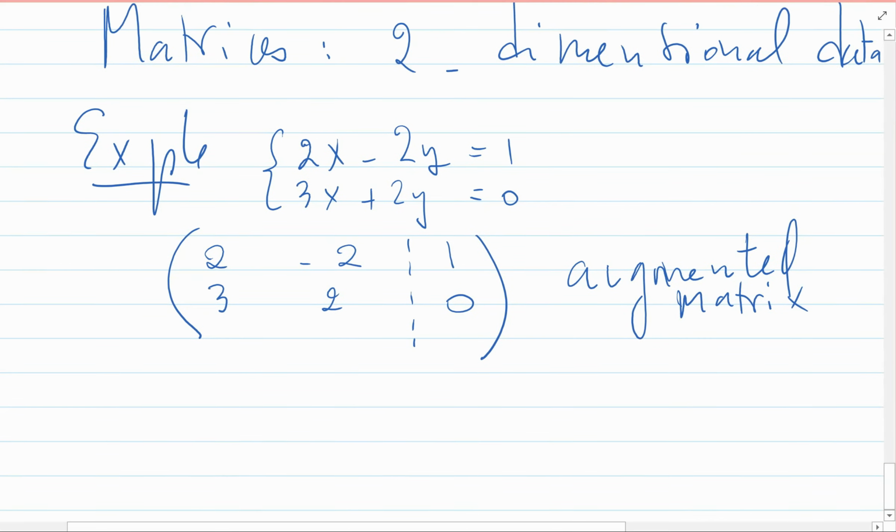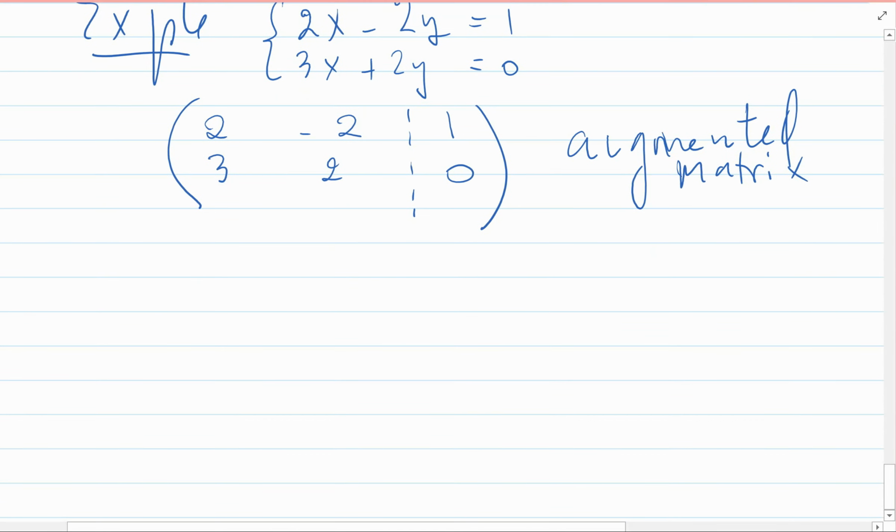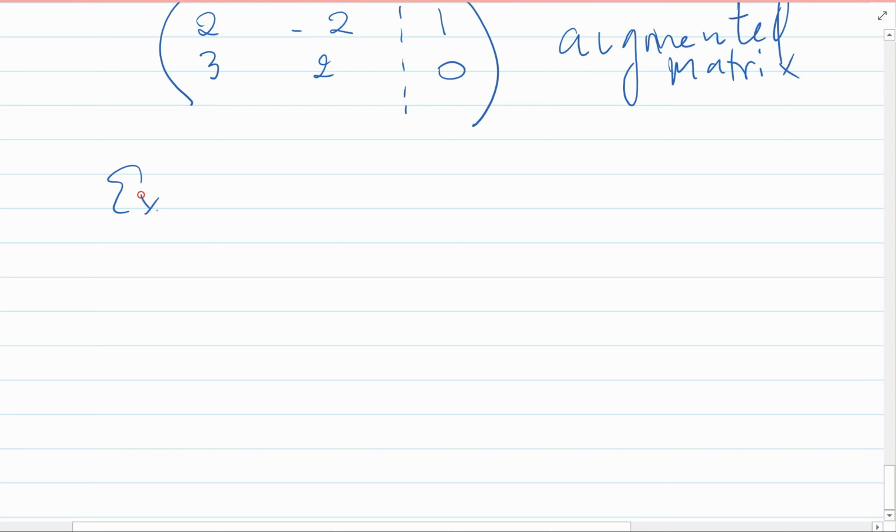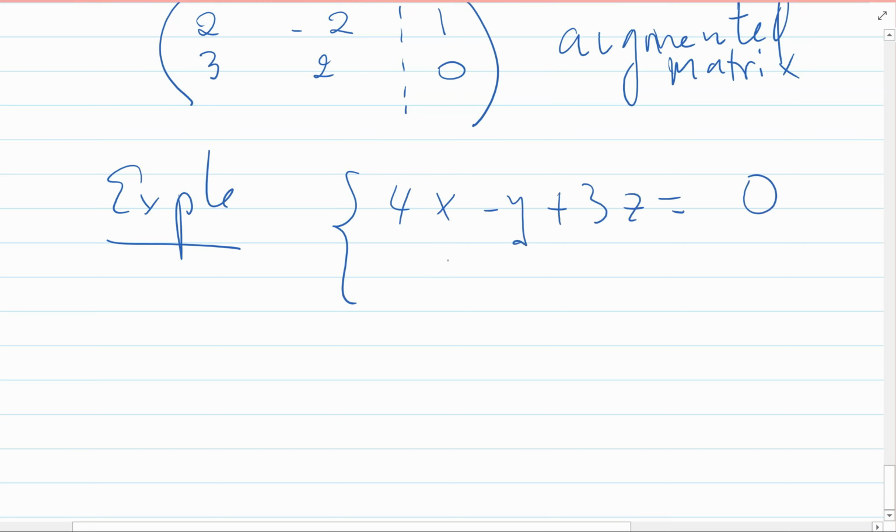Let's look at another example, another system: 4x minus y plus 3z equals 0, and 2y plus 5z equals 1.